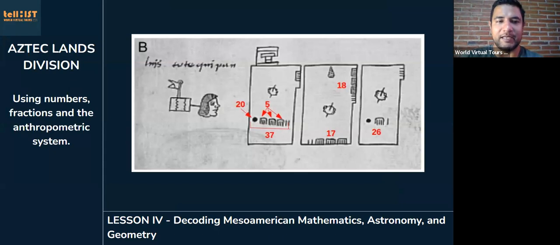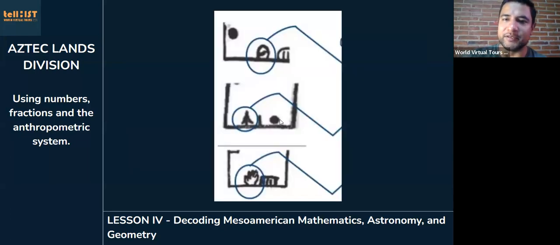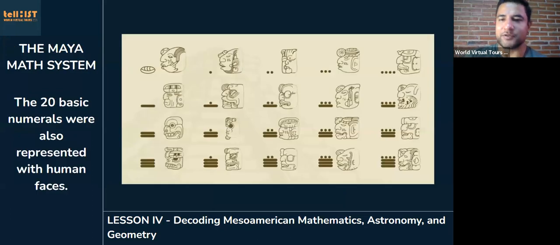We see again here, for example, the system used for measuring, in this case, the number 37 and the unities they were considering, okay? Like in this case, the heart, the arrow, or the hands for these different measures.